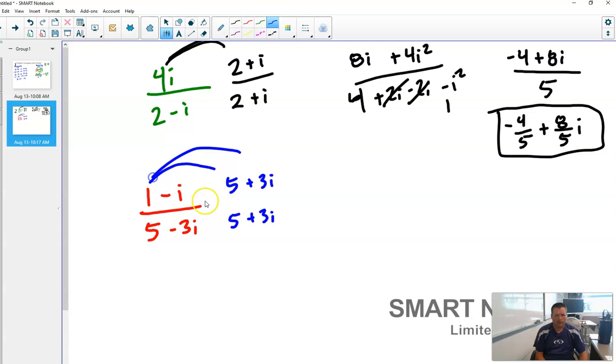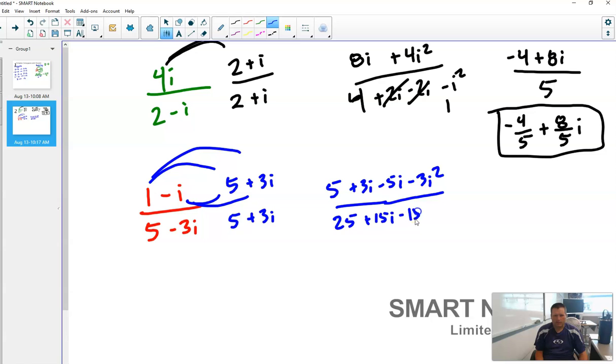So for the numerator, there's just a lot of multiplication is all we really get here. We're going to have 5 plus 3i minus 5i, and then minus 3i squared here. And then my denominator, when I multiply that through, I get 25 plus 15i minus 15i, and then minus 9i squared. And then we got to simplify this mess.